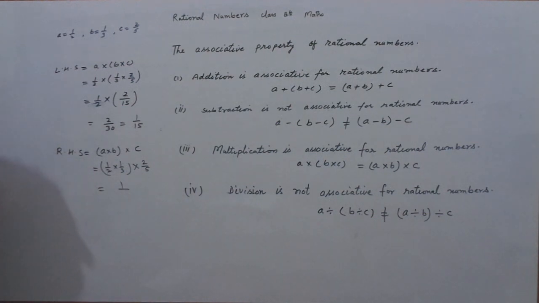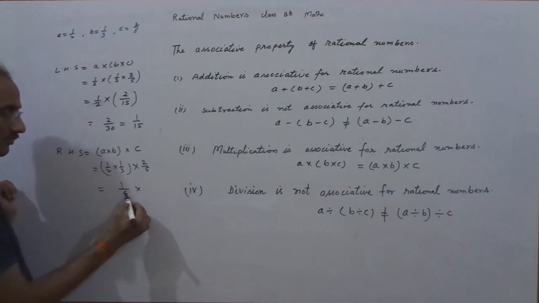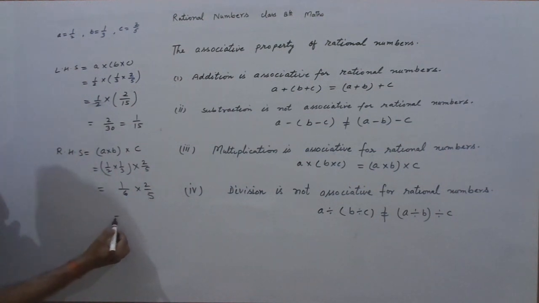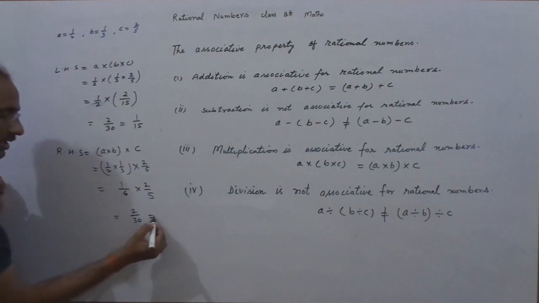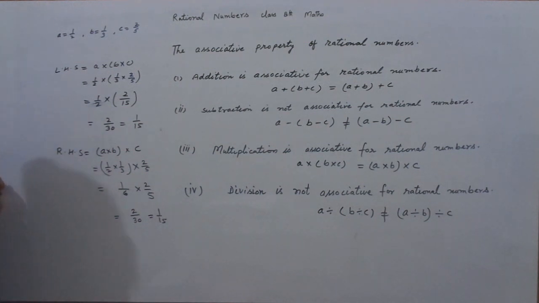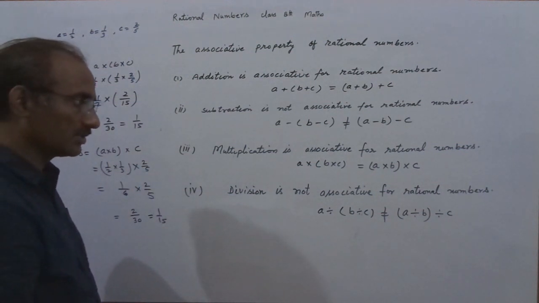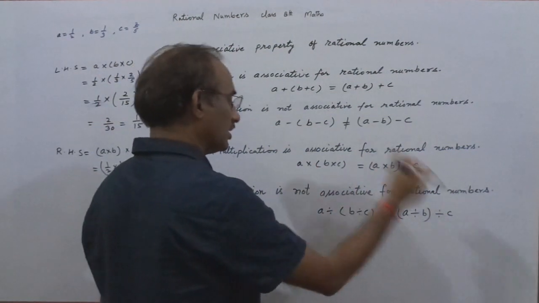Product of 1 upon 2 and 1 upon 3 is 1 upon 6, into 2 upon 5. It is 2 times 1 is 2 and 6 times 5 is 30. It can also be written as 1 upon 15. So the value of right hand side and the value of left hand side are equal, so we can say that multiplication is associative for rational numbers, that is (a × b) × c equals a × (b × c).